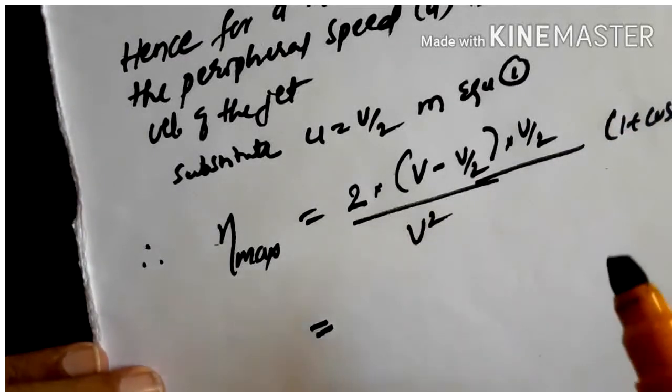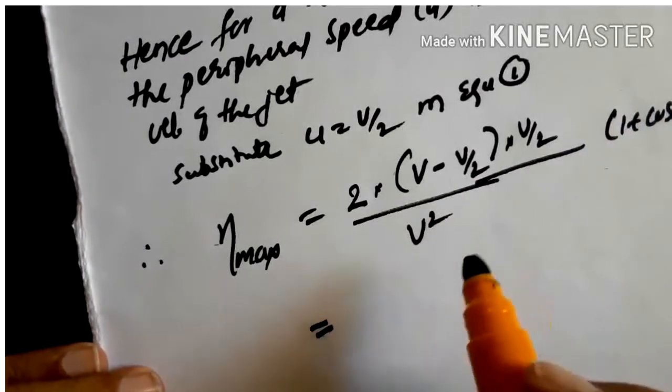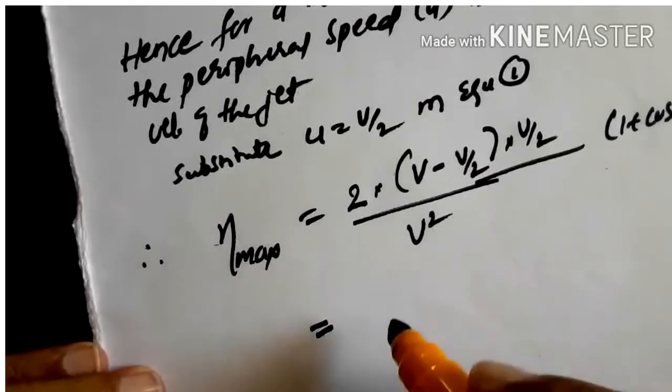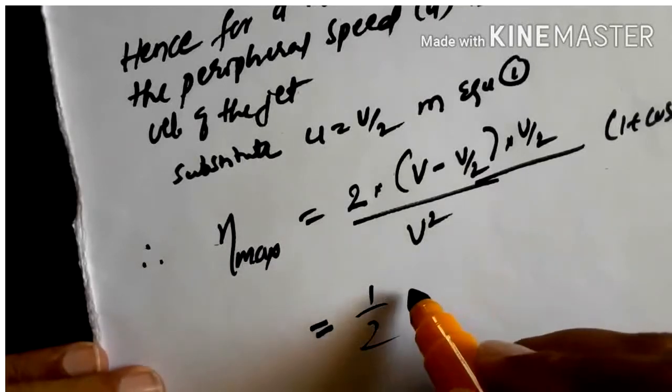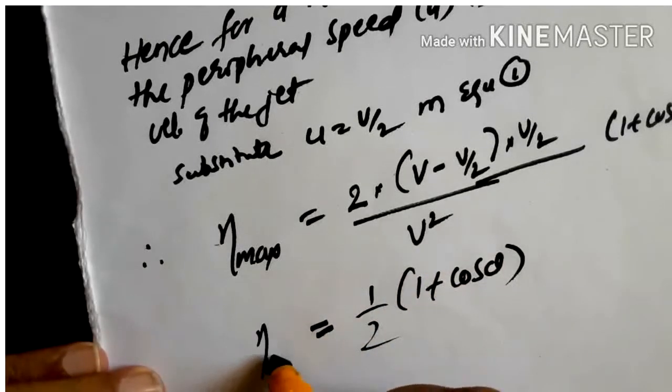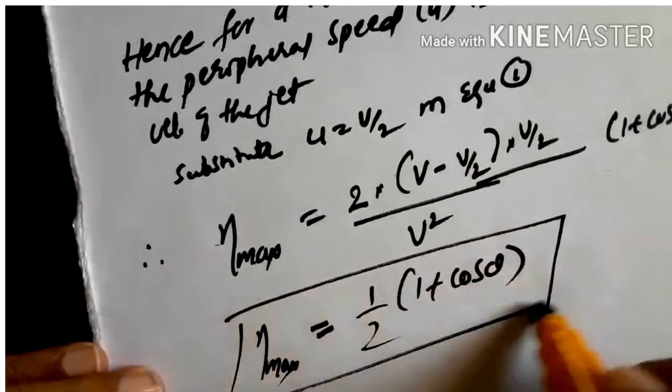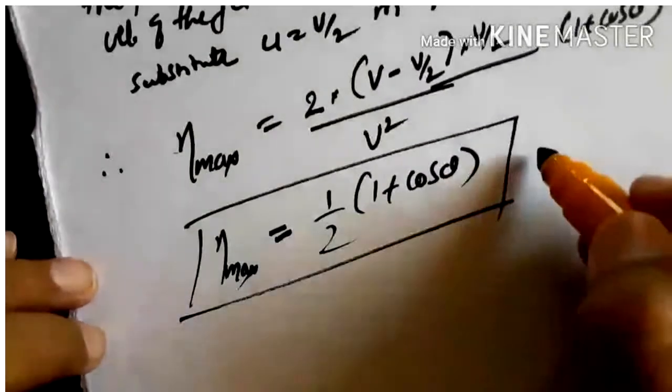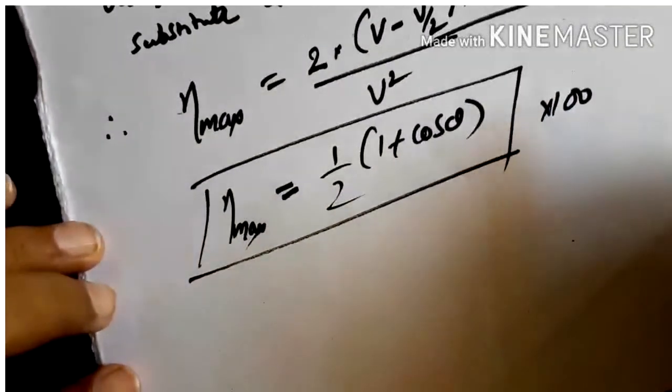If you simplify this, you will get half (1 plus cos theta). This is the maximum efficiency for a series of vanes. If you multiply by 100, you will get the percentage efficiency.